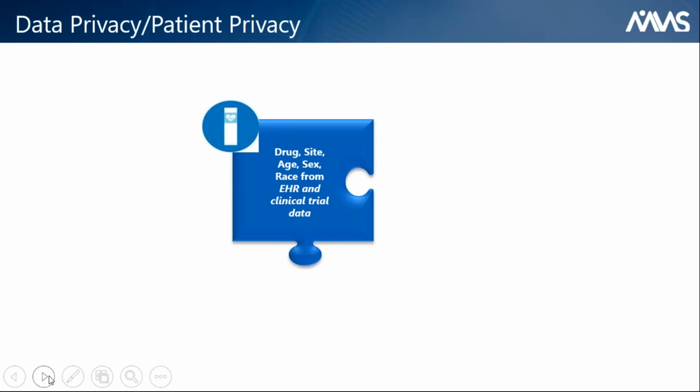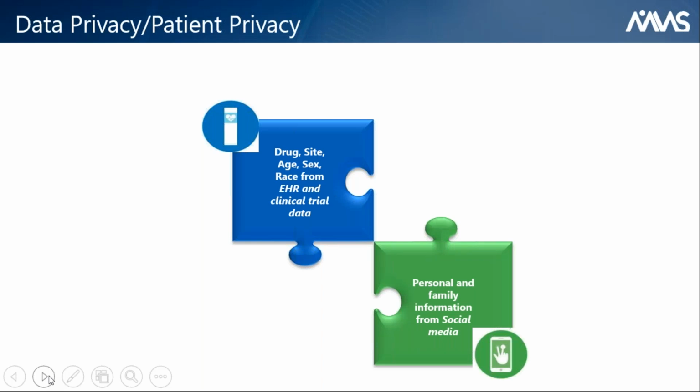So let's see how putting together pieces of information from just 4 resources will give us valuable information to identify this anonymous person. First piece is clinical trial data. So one can get access to age, sex, race, and drug information from this data, right? And the second is social media.